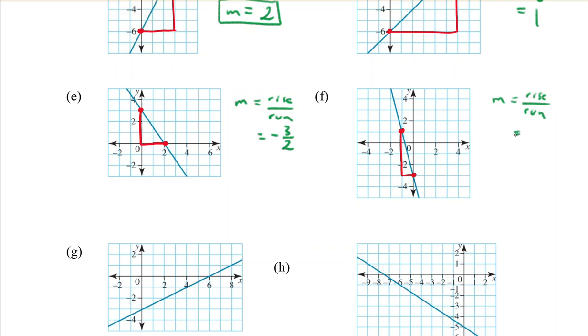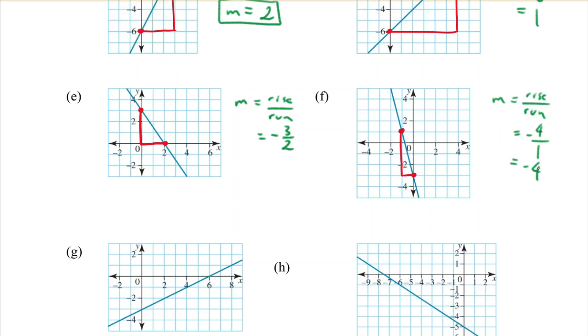Still all 1s. Every grid line represents 1. So counting the rise, 1, 2, 3, 4 spaces. Rise is 4, run is 1, just 1 space. Positive or negative? Negative, so put that in there. 4 divided by 1 is just 4, so just negative 4 is the best answer.